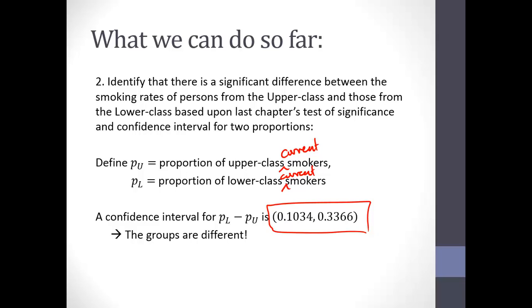So the groups are different because the interval does not include 0. That is another way of telling us that if we have something different going on in our groups, maybe there is some sort of association between these two variables.